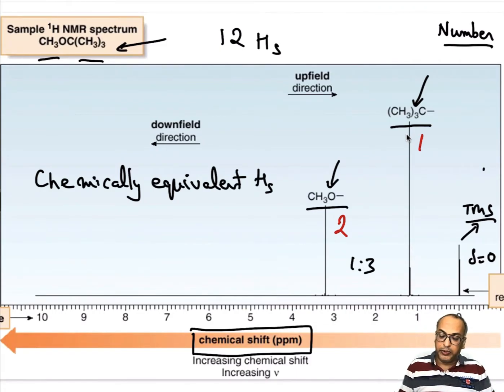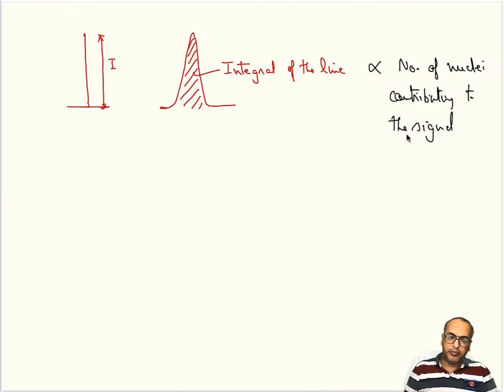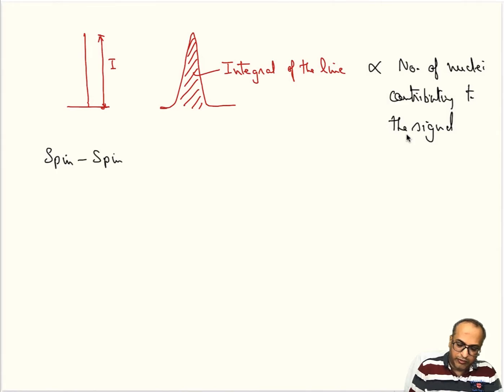It can also help you determine the number of protons contributing to that signal, and thus infer the molecular structure, right? Okay, so the fourth property, the fourth piece of information which helps determine molecular structures, is spin splitting.